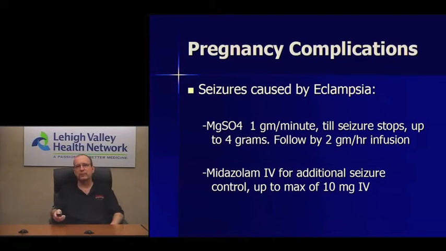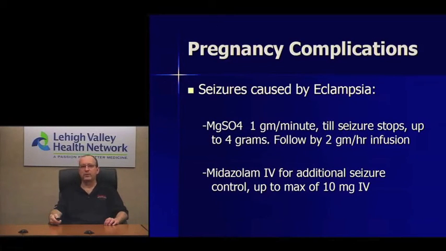For seizures caused by eclampsia, it's mag sulfate 1 gram a minute until the seizure stops, up to 4 grams. So if we have this eclamptic mom who's seizing, it's up to 4 grams of mag, given 1 gram a minute. And then we follow that with a 2 gram an hour infusion.